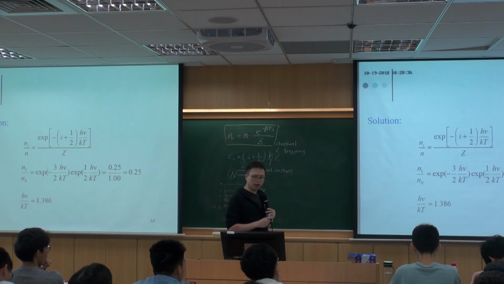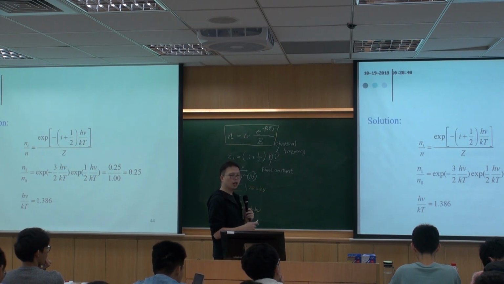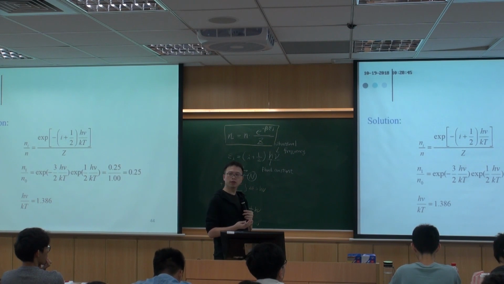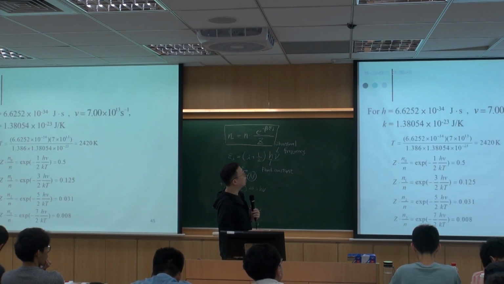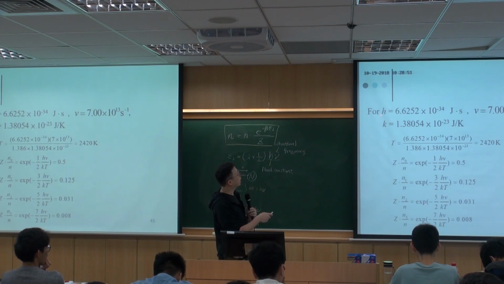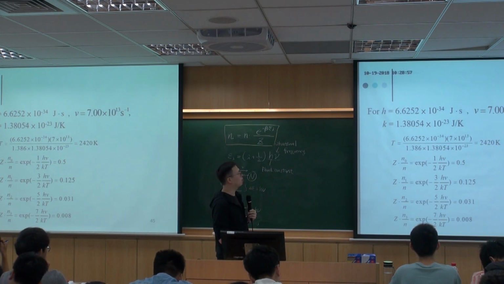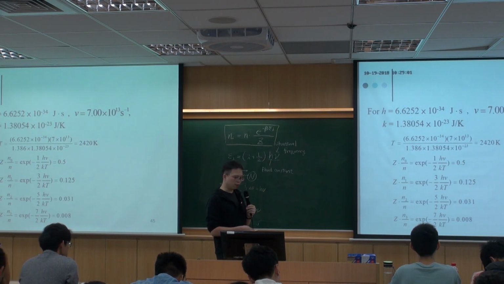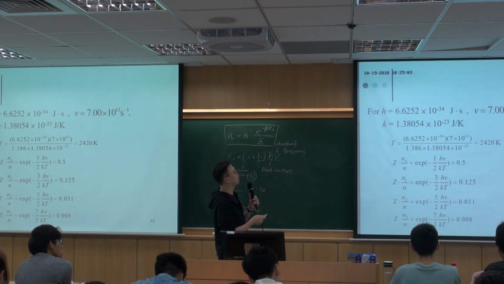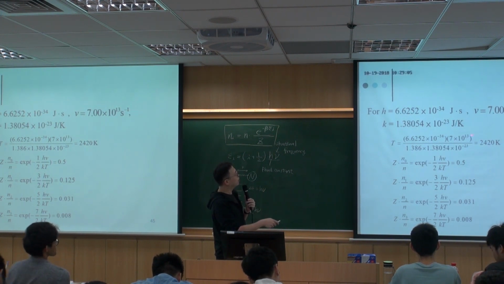And once you have this number, we know that if temperature is constant, then this should be constant for all the energy levels, right? Then we use this number and plug in. So we have h as this, the Planck constant. If it's in the exam, it will be given, so you don't have to memorize these things. Like I mentioned earlier, for thermodynamics, you barely have to memorize anything.